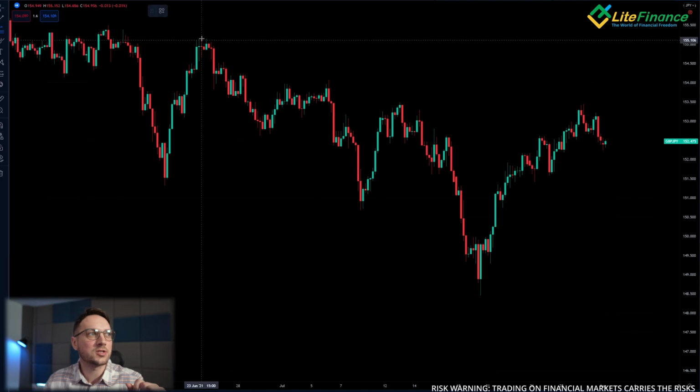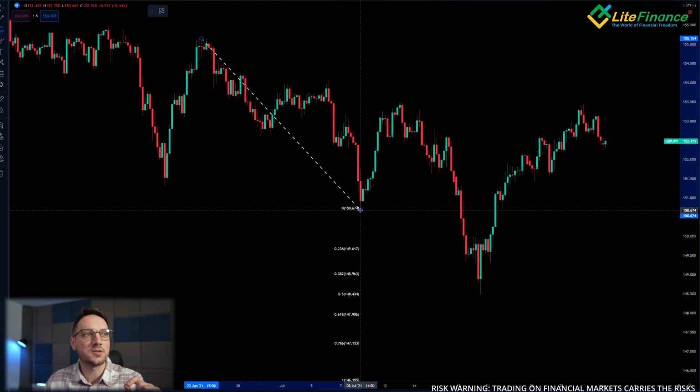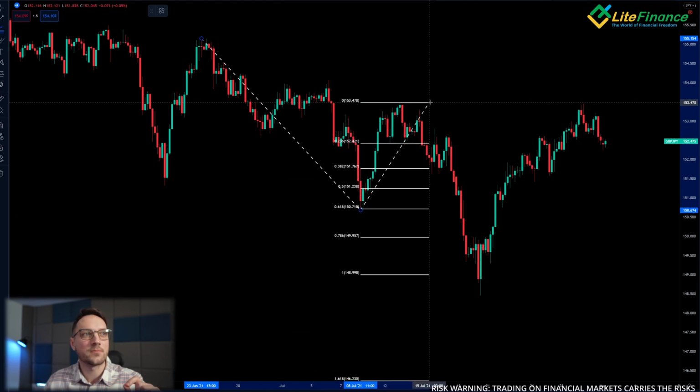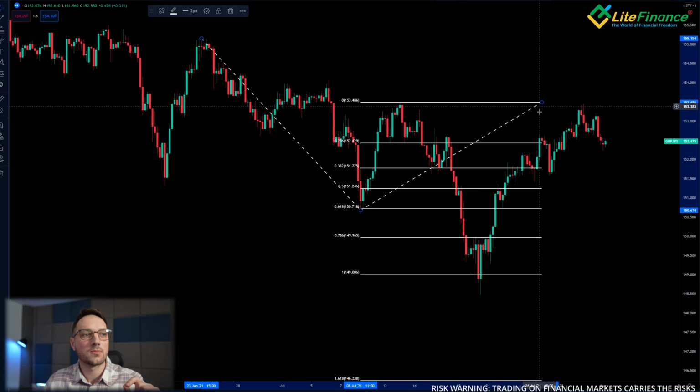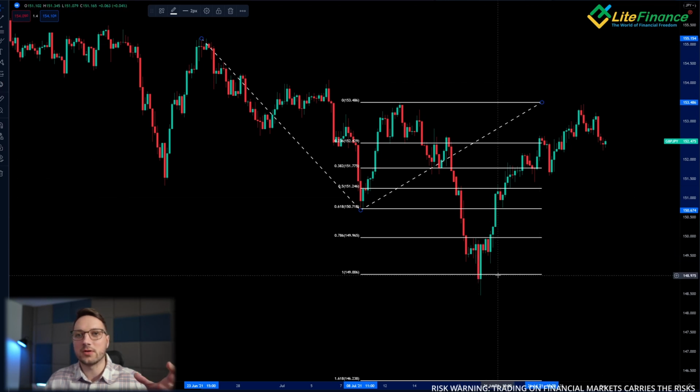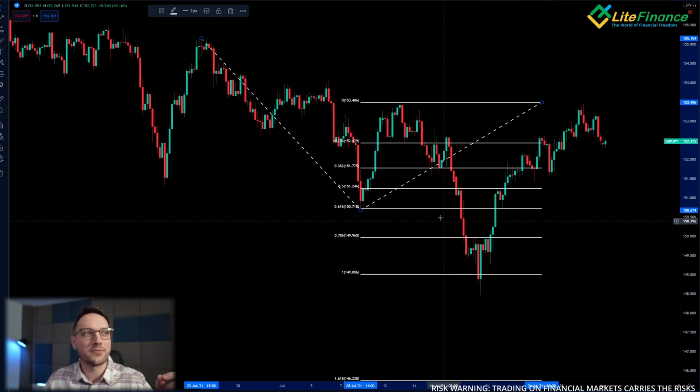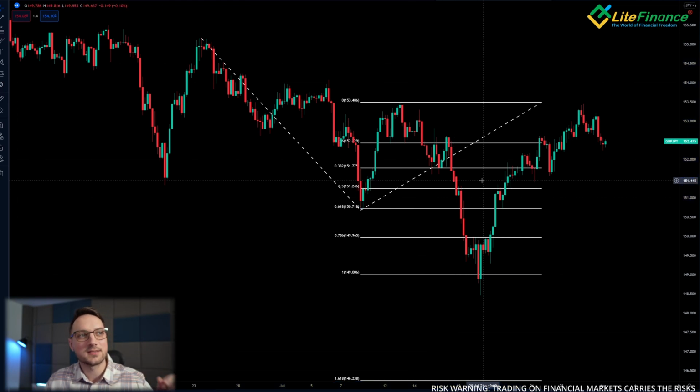So let's measure it with the Fibonacci expansion tool, because the Fibonacci expansion tool is very good to digest AB equals CD harmonic patterns. So we have this first move, the correction, and the level 1. So if you have already spotted, yes, it means that this move to the downside is equal to this move to the downside.